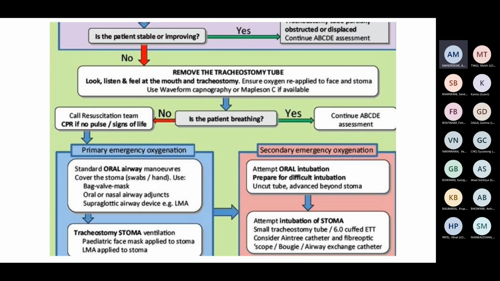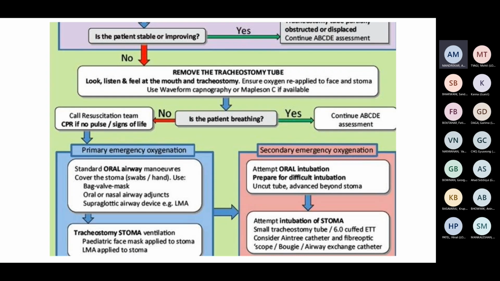If the patient is not improving or is not breathing, then it's divided into primary emergency oxygenation or secondary emergency oxygenation. In primary emergency oxygenation, you would approach with either the mouth or the stoma itself.